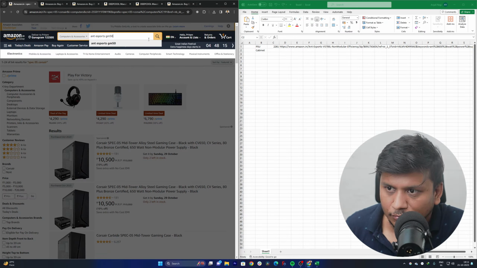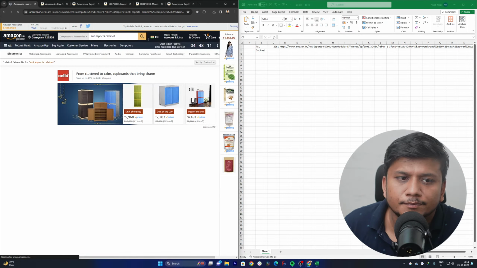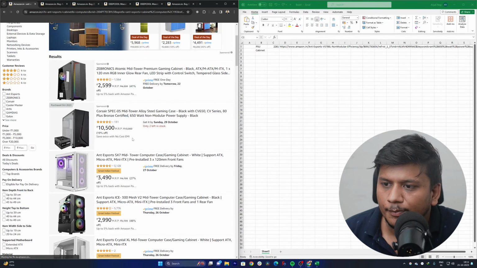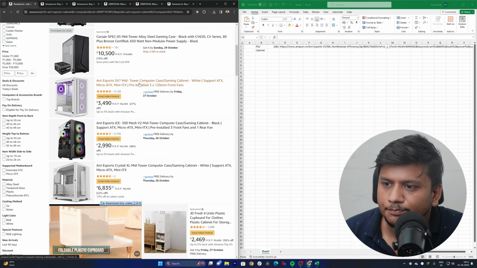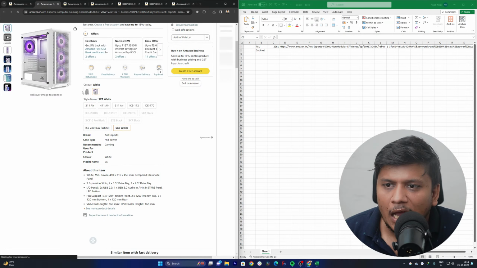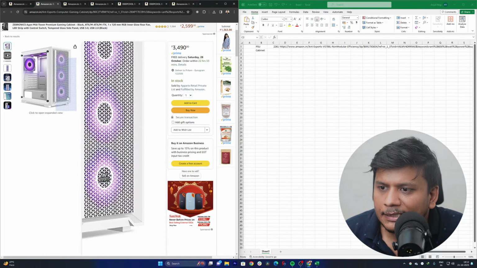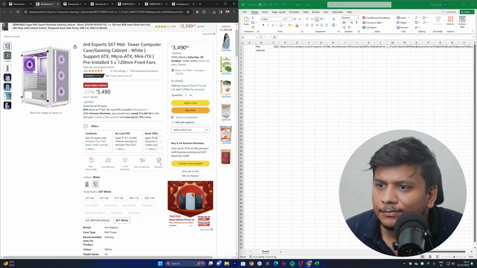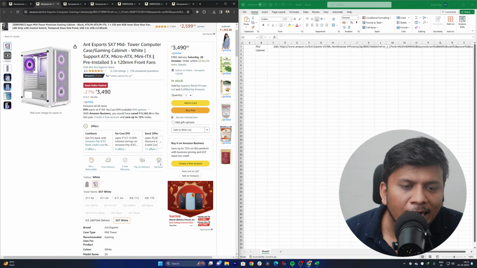Ant Esports cabinet. Okay. How about this one? This one has a decent grill in the front, and this cabinet supports ATX, micro ATX, mini ITX.